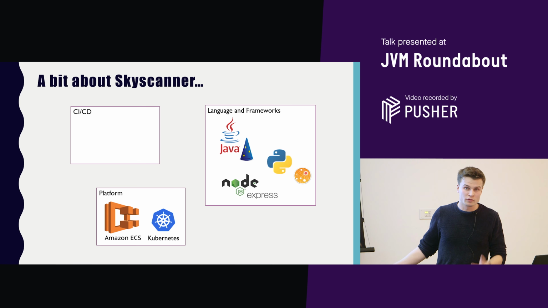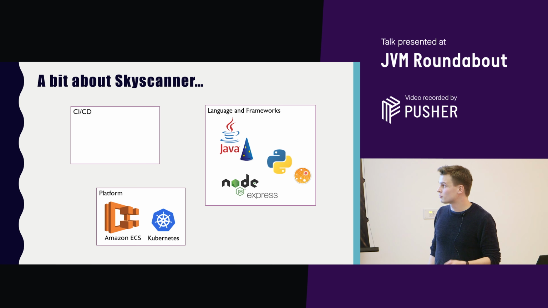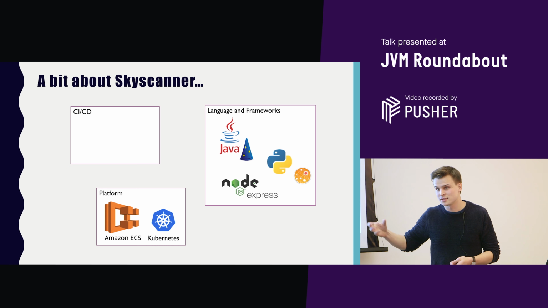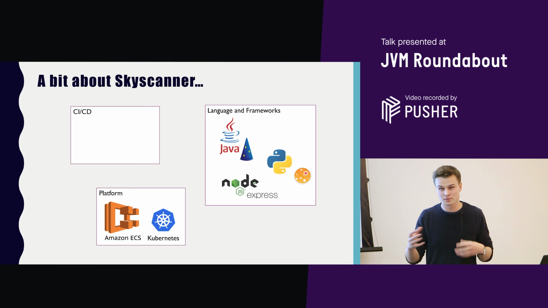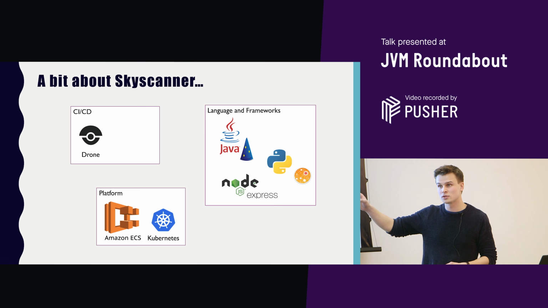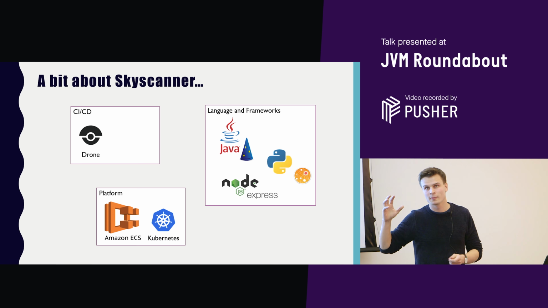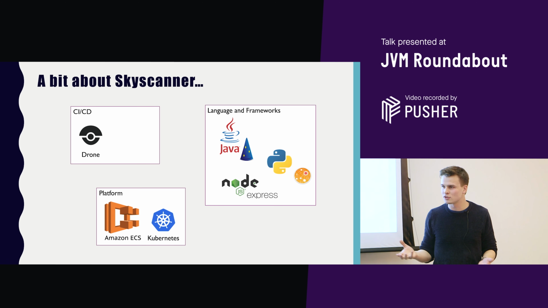In terms of continuous integration and continuous delivery, this is pretty important to Skyscanner. Shipping fast, failing fast, and shipping multiple times a day is definitely celebrated, especially more and more recently. We use Drone, an open source continuous integration tool, similar to something like Jenkins, though not nearly as popular.